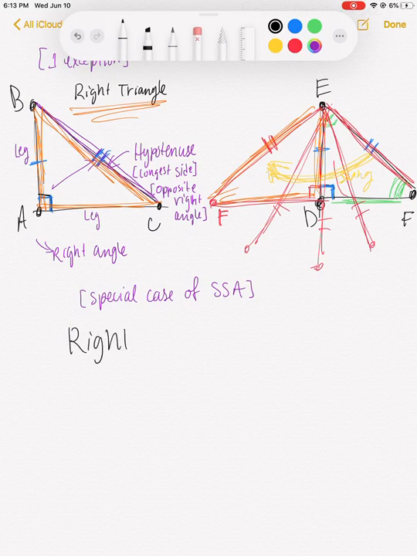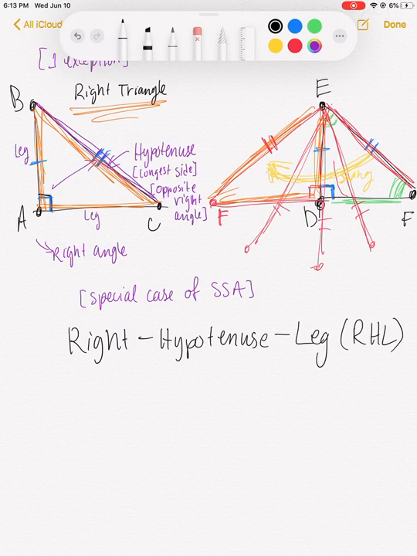Okay, the right angle, the hypotenuse, and the leg have to be corresponding, so we call it RHL. So that means RHL is a valid congruence test. Now, whenever I see in the homework a problem that has a right angle, then I call it RHL. I look for RHL first.